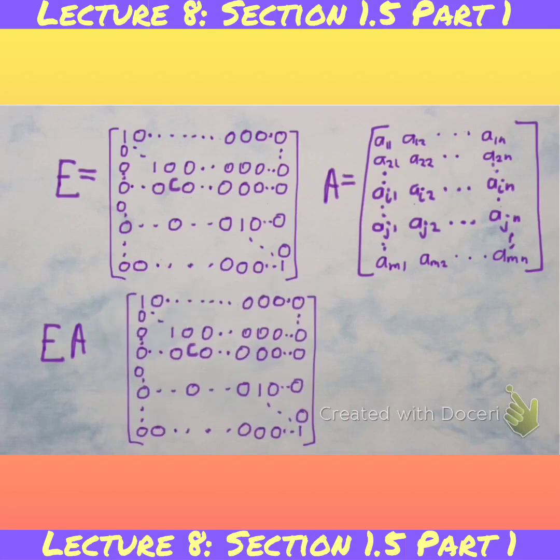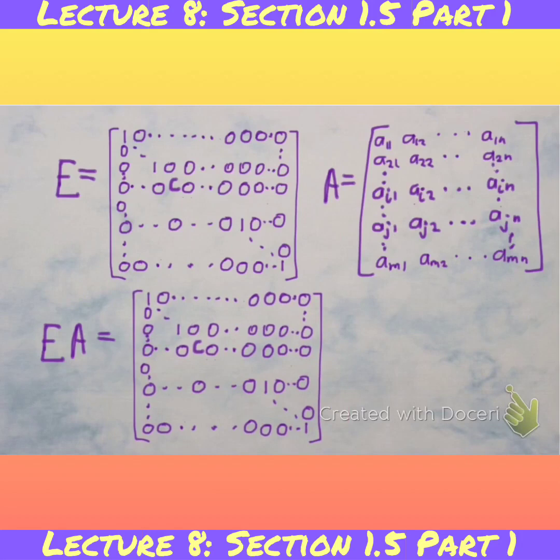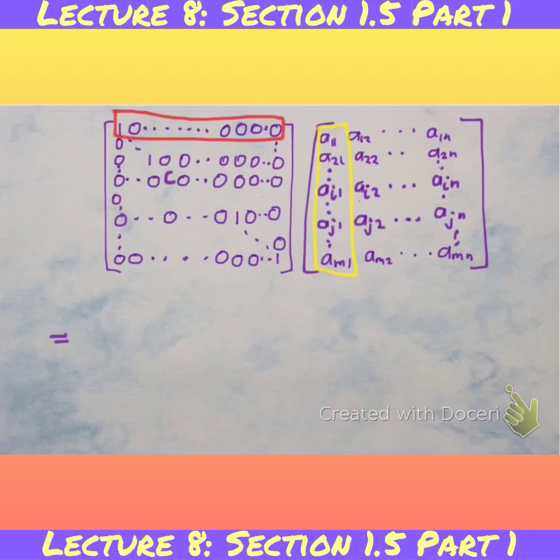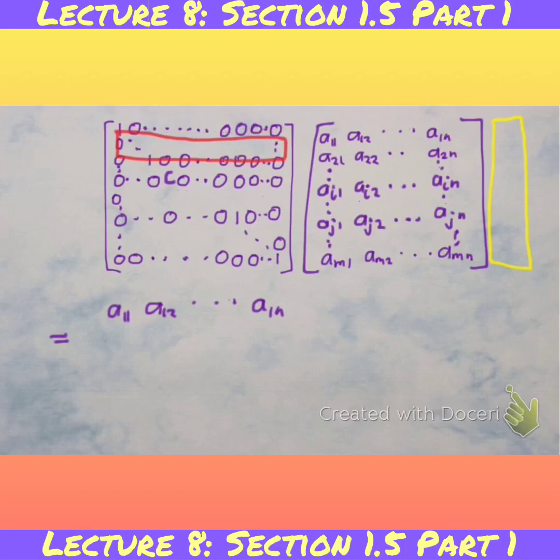Taking the first row of E and dotting it with all the subsequent columns of A, and then running through all my rows of E, we will get the product between E and A. Dotting the first row with the first column, and then running through all my columns, I'm basically going to get the first row of A. Then moving on to my second row, if I dot that with all the subsequent columns of A, I'm going to generate the second row of A as my second row of the product.